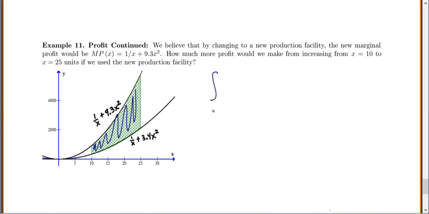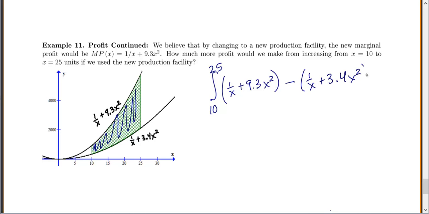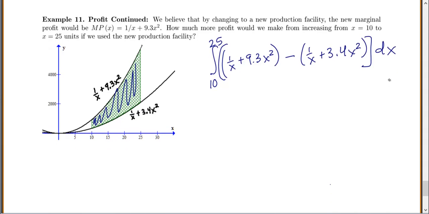So I need to integrate from 10 to 25. And I'm going to put the function on top first, minus, and then put the function that was on the bottom. And integrate that. And that will tell us the total difference for our total profit if we switch, or what's the area kind of between these two curves.